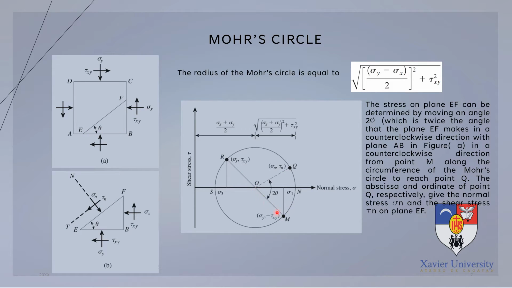The normal stress is taken from the abscissa, or the x value, and the shear stress is given by the ordinate of this point.